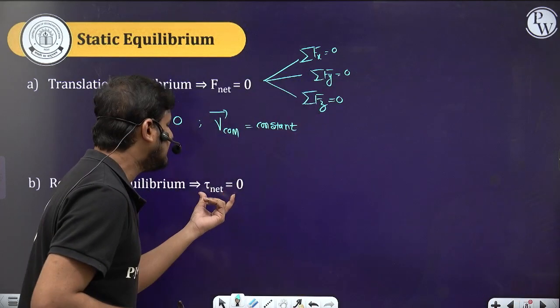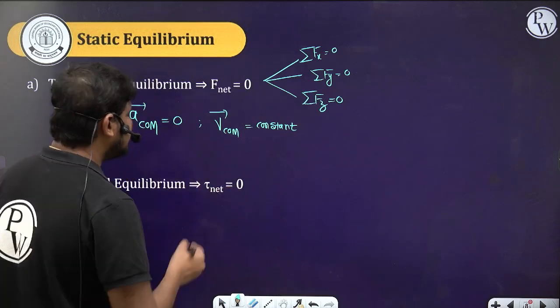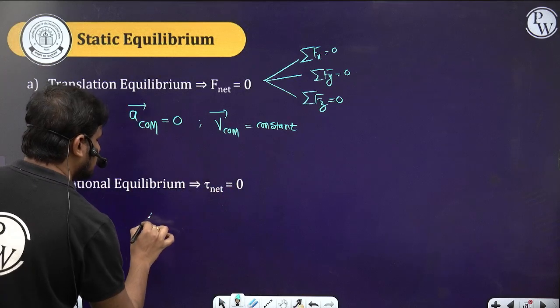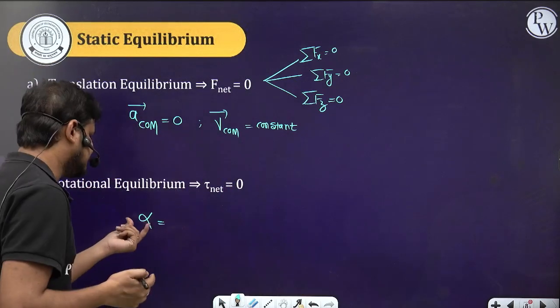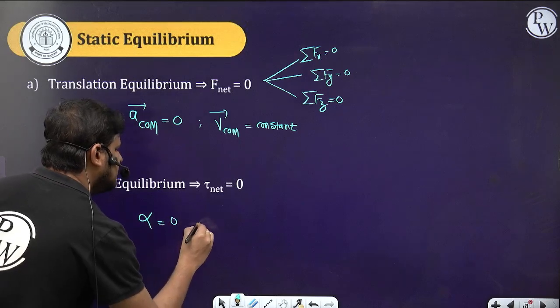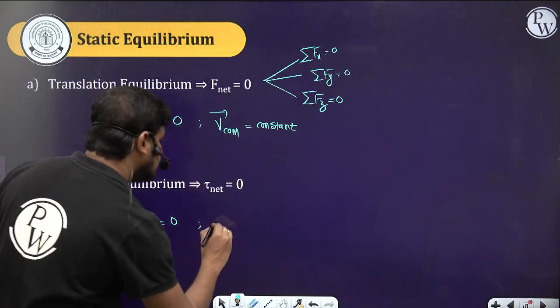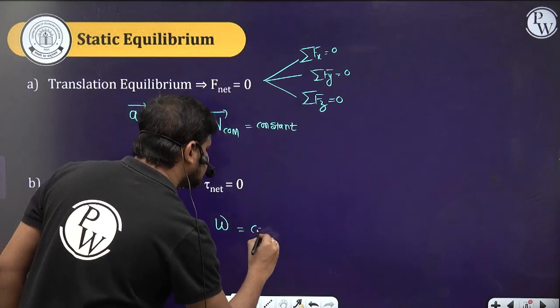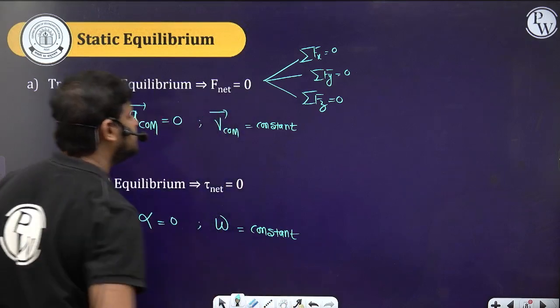If the net torque is 0, then the angular acceleration alpha will be 0, and the angular velocity will be constant. That's it. This is the concept you should understand, guys.